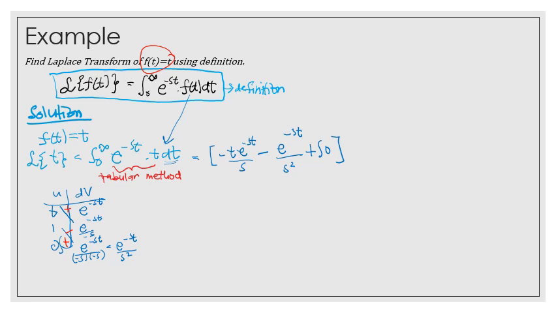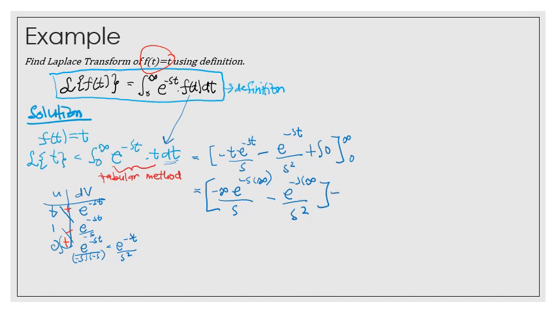The limit here is 0 to infinity, so we have to substitute the value 0 and infinity for t. So we get negative infinity exponent minus s multiplied by infinity over s, minus exponent minus s infinity over s squared, plus integrate 0, which is equal to c. We don't have to put plus c, because if we subtract c, we get 0 back. So just ignore the c here.